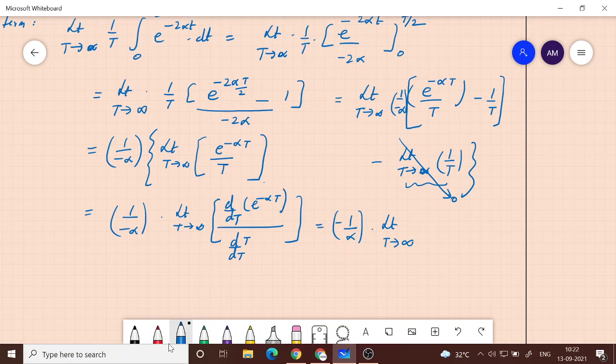So d by dt of e raised to minus alpha t is what? If you take the derivative of the numerator, you will get minus alpha into e raised to minus alpha t. And if you take the derivative of the denominator, the t goes away, and this is basically 1.